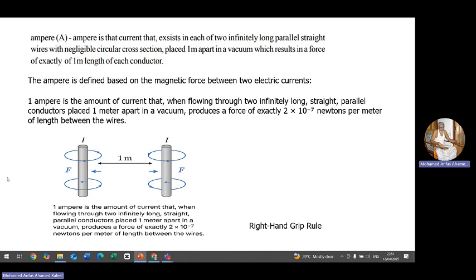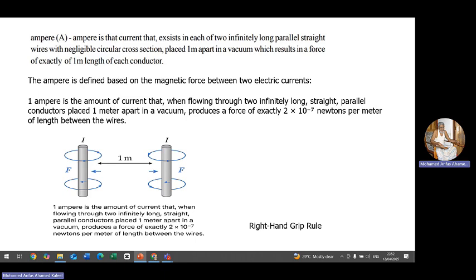They are talking about two infinitely long straight lines carrying current. What is the force produced? That is the magnetic force, 2 into 10 to the power minus 7 newtons per 1 meter length, when two parallel straight wires in a vacuum are kept 1 meter apart.